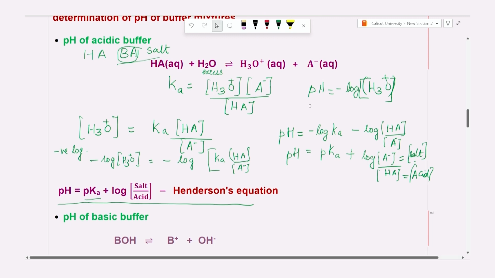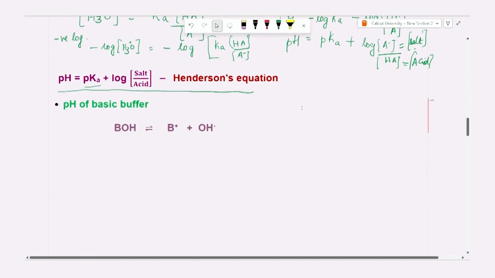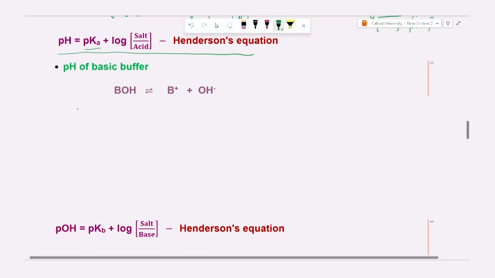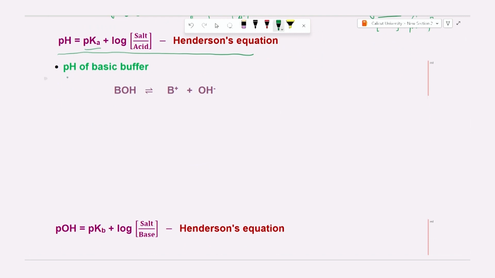Now, let us go for a basic buffer. A basic buffer is a buffer which has a weak base and a salt BA. Here, though the base is weak, the acid should be strong. Okay.